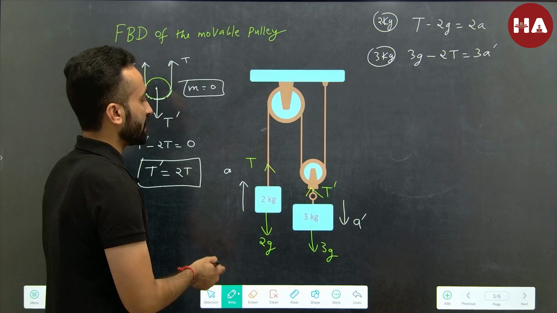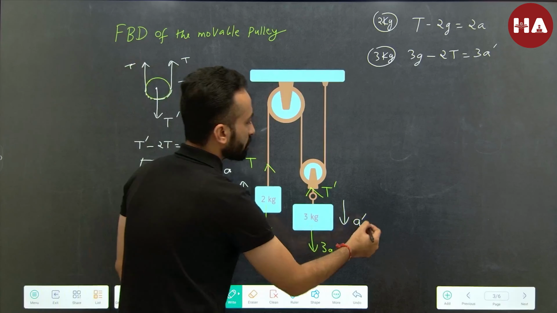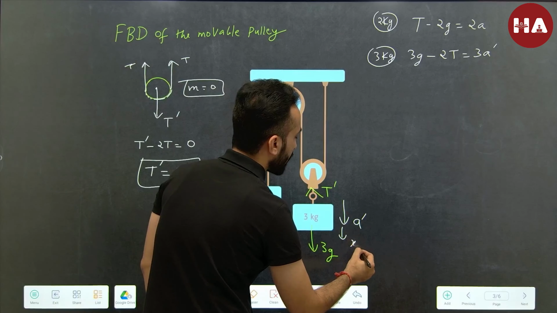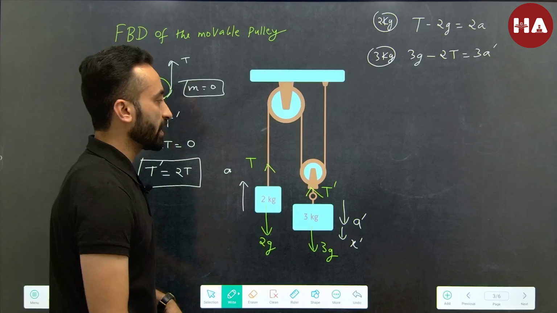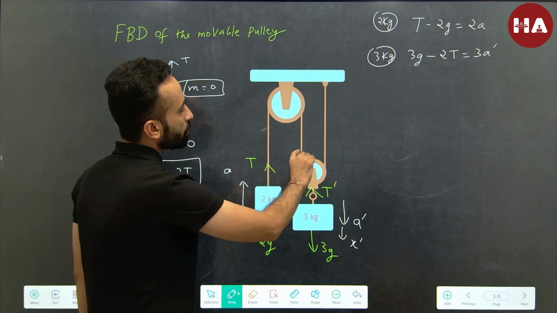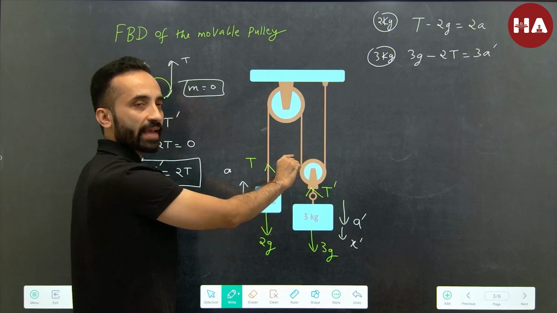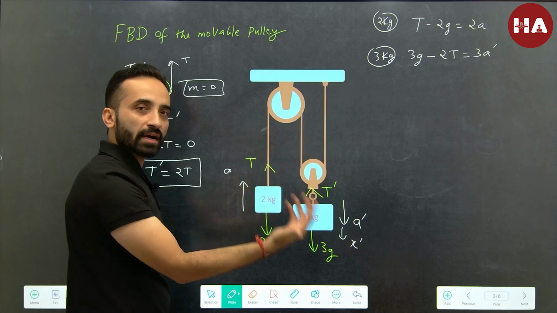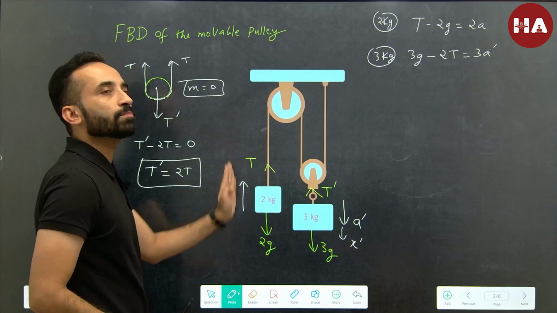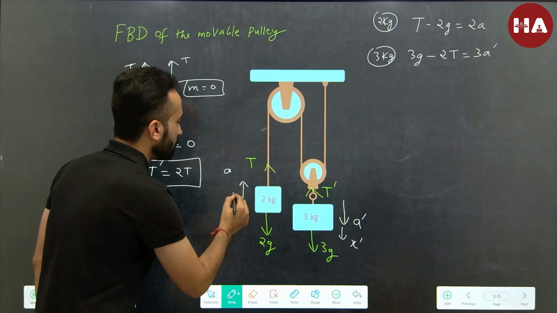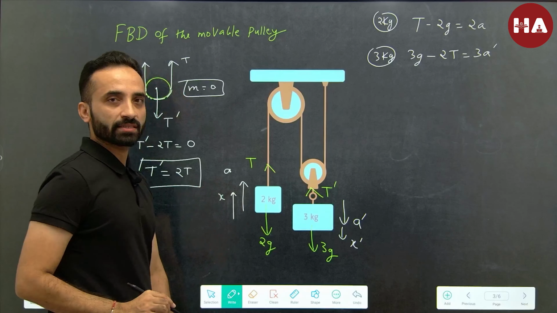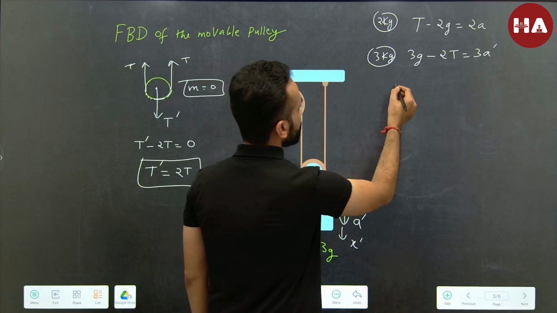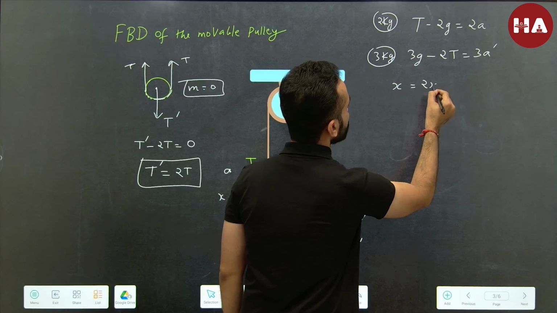Imagine that this falls by x dash. How much rope is elongated here? You would say x dash. How much rope is elongated here? Again x dash. So on this side there is a gain of 2x dash, so it has to be balanced by this loss. If this rises by x, then x is equal to 2x dash.